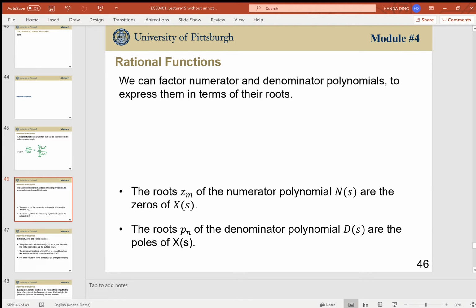So, factor the numerator and denominator. Basically, describe that in terms of roots. Your constant.